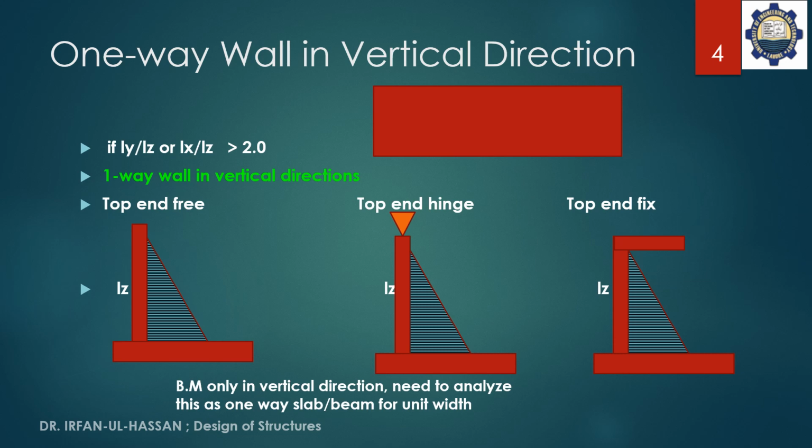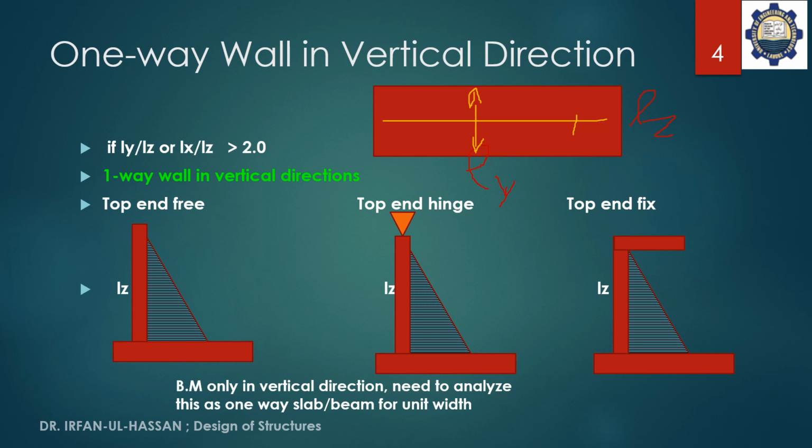So how can we say that it is one-way in vertical? Yes, because this is the length of the wall and this is the height of the wall, and when you divide it, of course the dimensions are such that the bending is dominant in vertical direction. It means that it is bending in the vertical direction. There will be nominal steel in the horizontal direction.